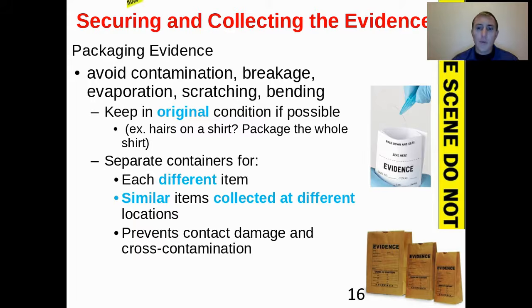So it's very important that we only store one piece of evidence per container. We don't want to mix different pieces of evidence in the same container because, number one, that can break or damage that evidence, but it can also contaminate it. So we want to make sure that we're storing each item in a different type of container.